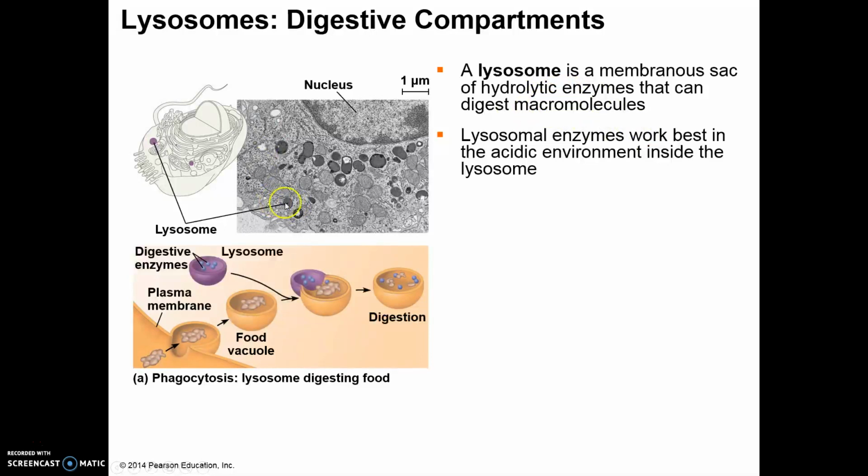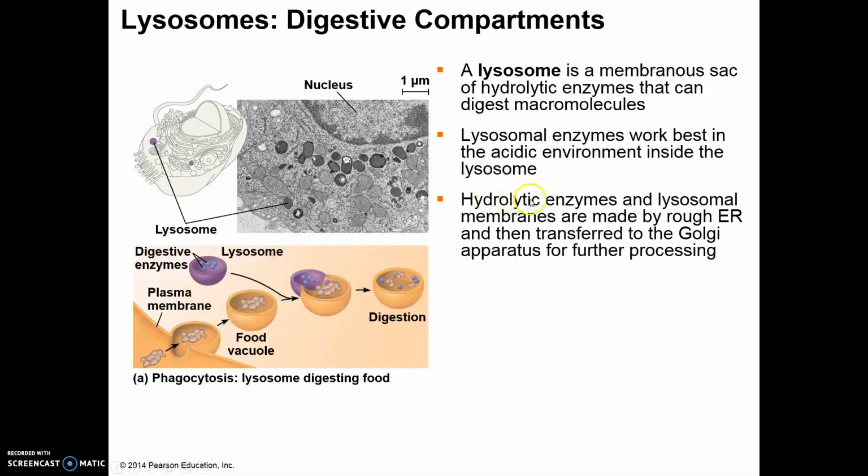You could see how this would be a dangerous compartment for a cell. If it were to leak open, it would start eating itself. In the same way, if we put a hole in our stomach, we would start to digest ourselves from the inside out. So these little vesicles act as the stomachs of a cell.